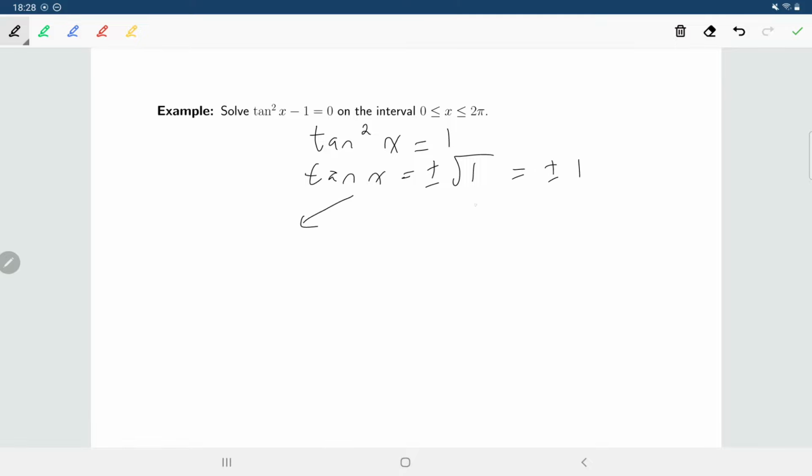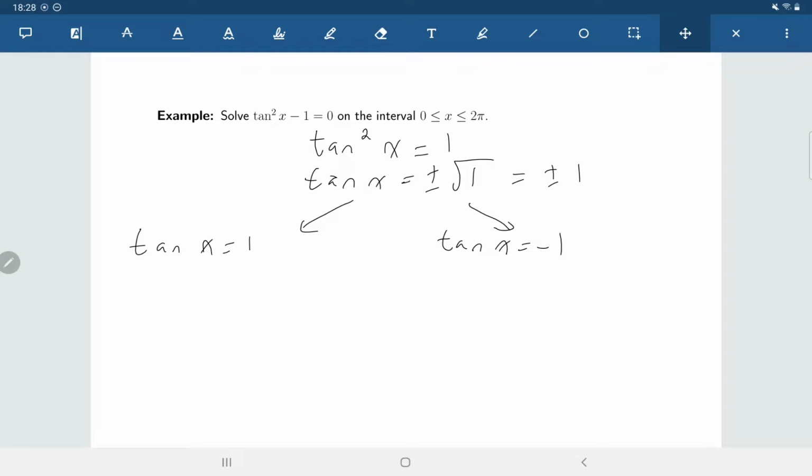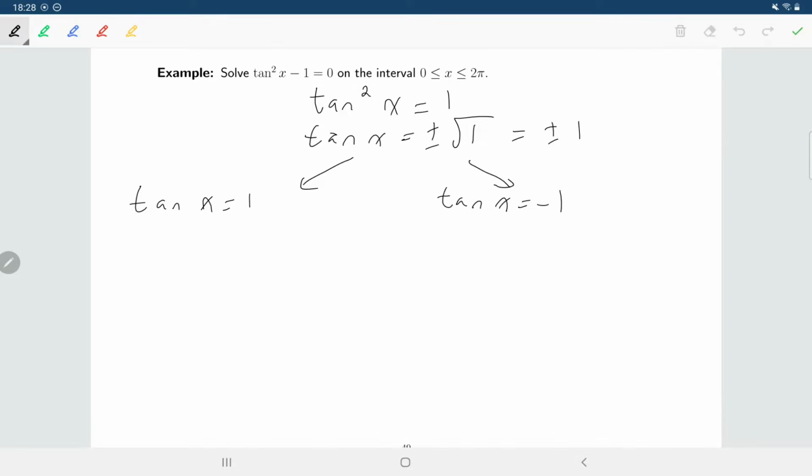So actually there are going to be two equations that we need to solve here. One of them would be looking for the solutions for where is tangent of x equal to 1. The other would be looking for solutions for where tangent of x is equal to -1. And these are not too difficult for us to find. For the first one, where is tangent of x equal to 1, that would be looking for x to be tangent inverse of 1.